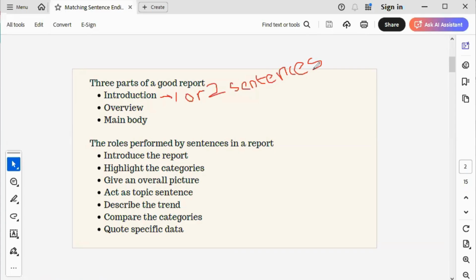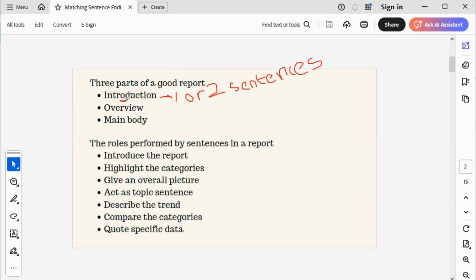That's the second part of your report. Now, depending on the question, you can merge your introduction and your overview to form 1 paragraph, or you can decide to separate the 2 parts. You can write the introduction in 1 paragraph and then write the overview as another paragraph.